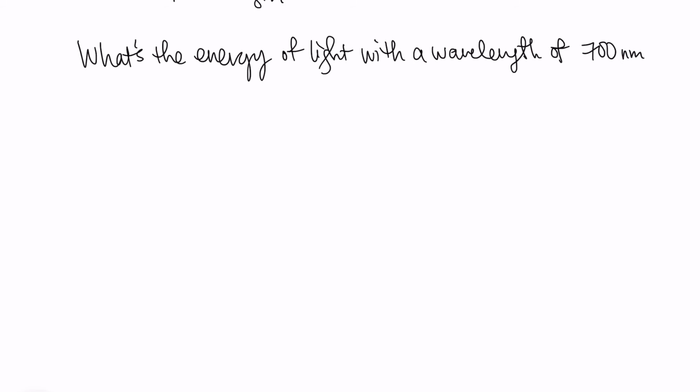So what are the things that I know? I know E equals h nu, and E also equals hc over lambda if I substitute in for nu. And I know the wavelength here. This is my lambda. So I think I'm going to use this second equation.